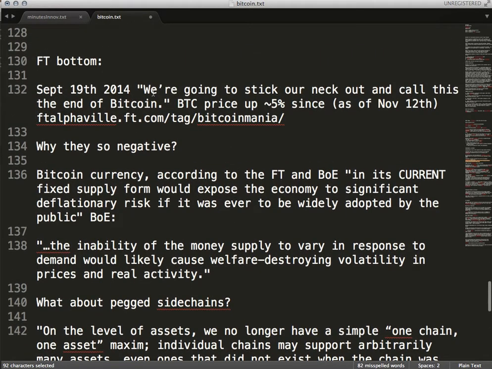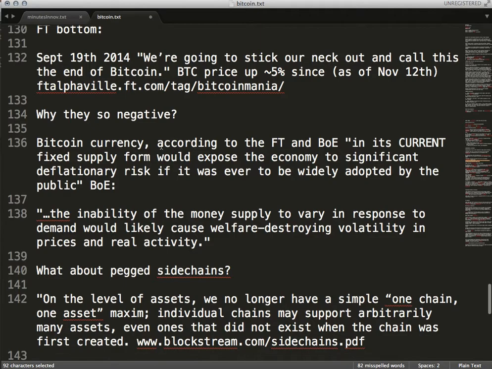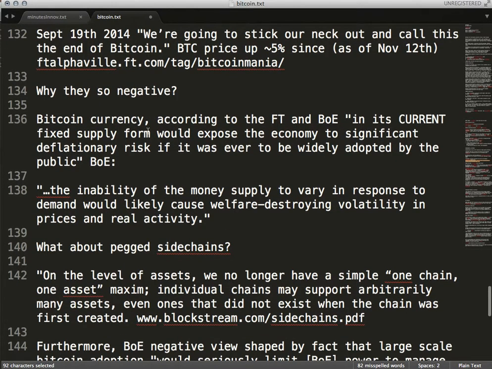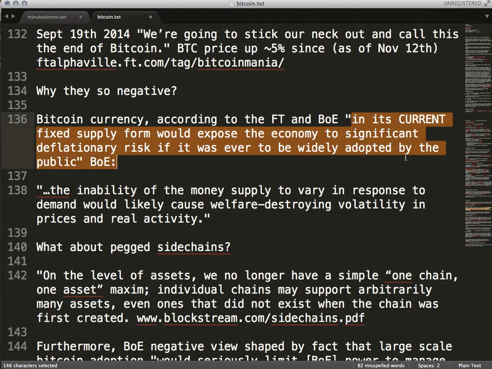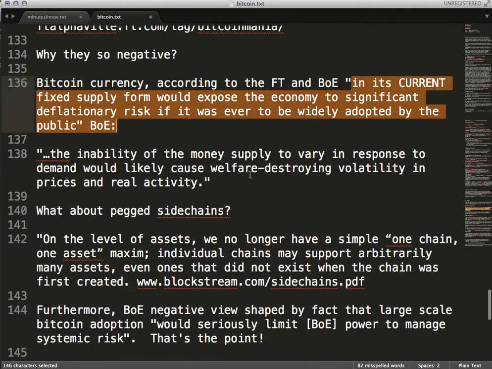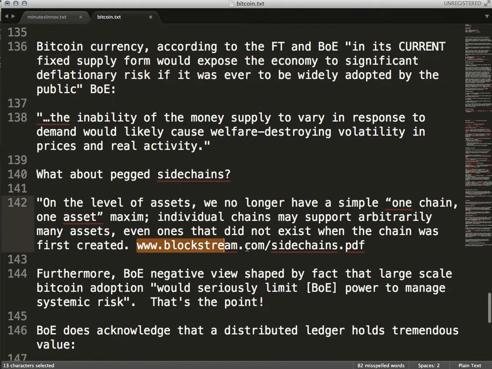FT was quoted, again, they called the bottom on September the 19th. They said that Bitcoin is done, prices are up about 5%. Its current fixed supply would expose the economy to significant deflationary risks if it were ever widely adopted. Fair enough. But in a recent proposal, on the level of assets, we no longer have a simple one chain, one asset maxim.